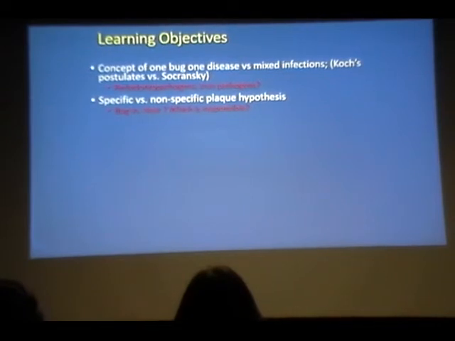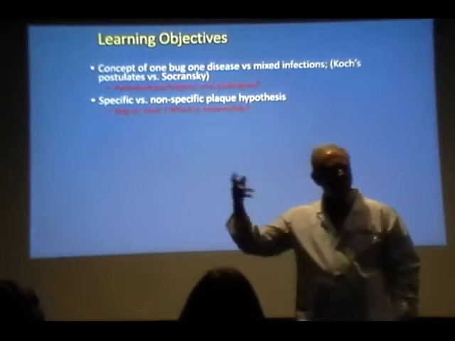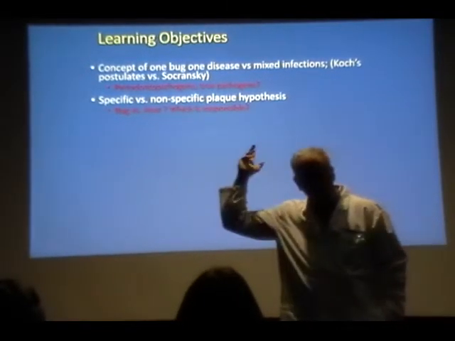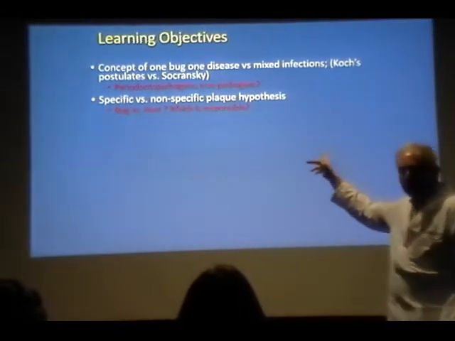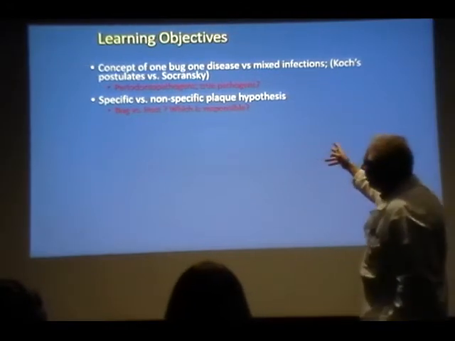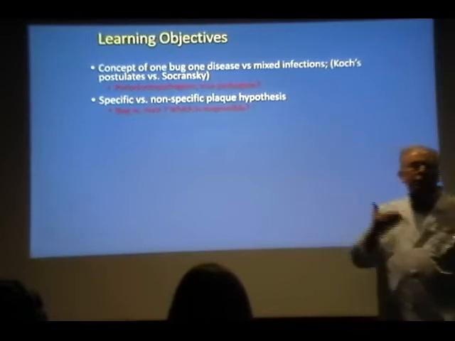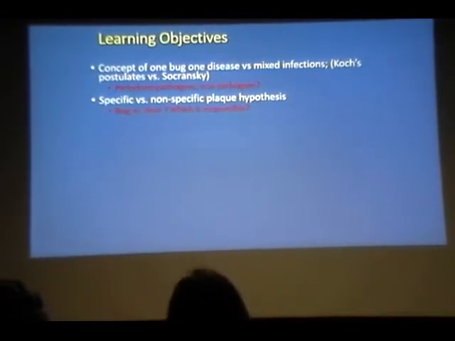Specific versus non-specific plaque hypothesis. Have you already had lectures in Perio by Dr. Basada or any of the others? Did they talk about the concept of specific versus non-specific plaque hypothesis? Did that concept come up? No? All right, so we'll touch upon this. It's essentially saying, in different ways, what is the disease caused by?